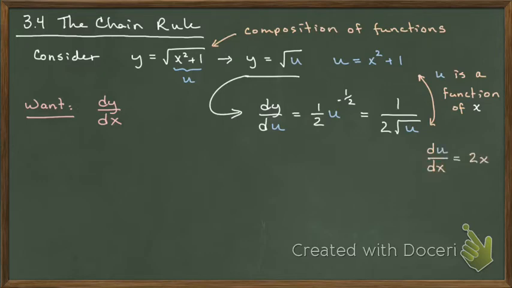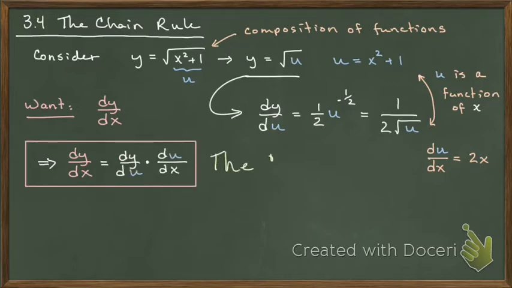Derivative of u with respect to x is just 2x, right? Derivative of x squared plus 1 is 2x. The chain rule is both of these things together, dy du and du dx. So what we have is the derivative of y with respect to u times the derivative of u with respect to x. This is what we call the chain rule.